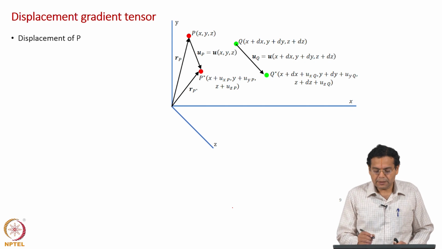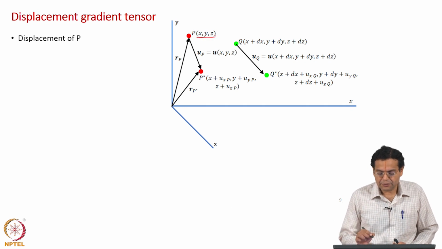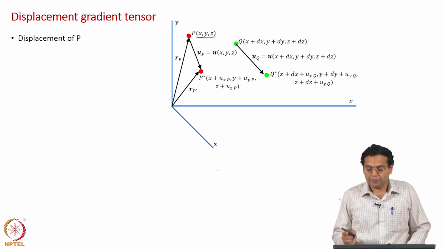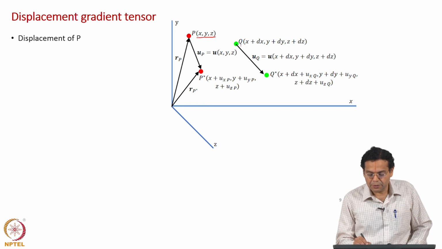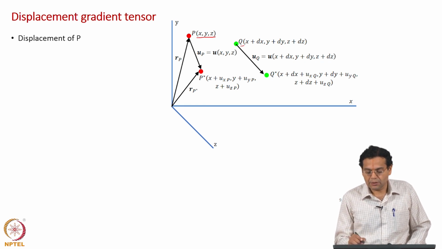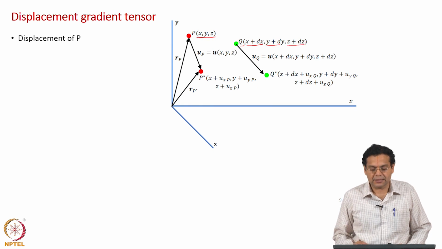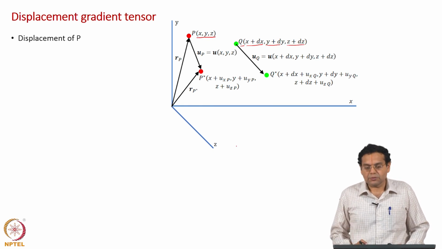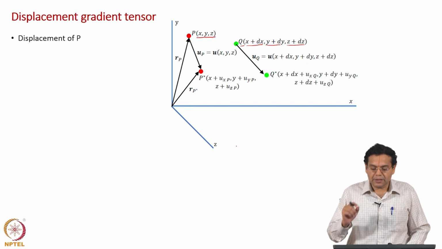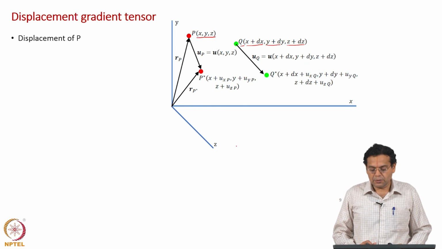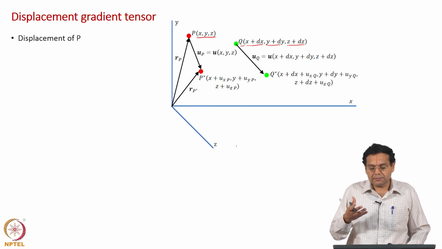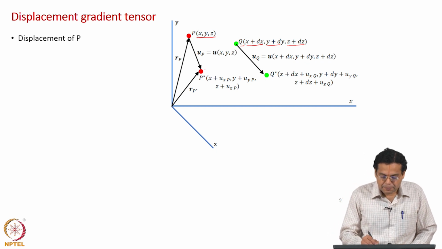Now, P is at a point x, y, z. I have another neighboring point Q, which is at another location x plus dx, y plus dy, z plus dz. So, the x, y, z distances between P and Q are dx, dy, dz. Now, the plate undergoes maybe rigid body motion and deformation.